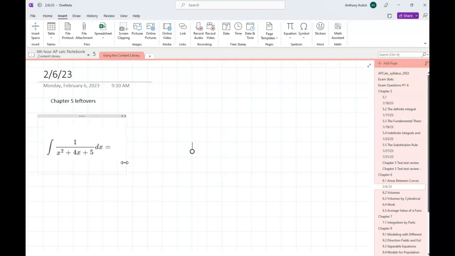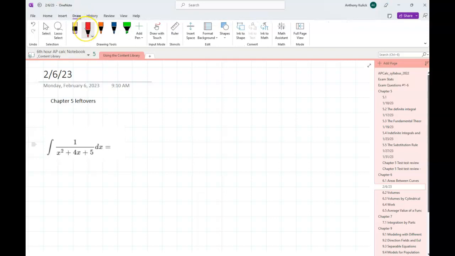How would we go about doing this integral? Okay, so you want to factor this. Doesn't factor. Not into integer terms anyways. I don't think it has real number factors.